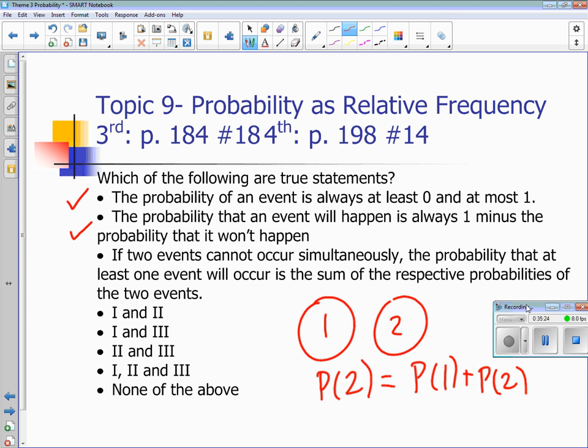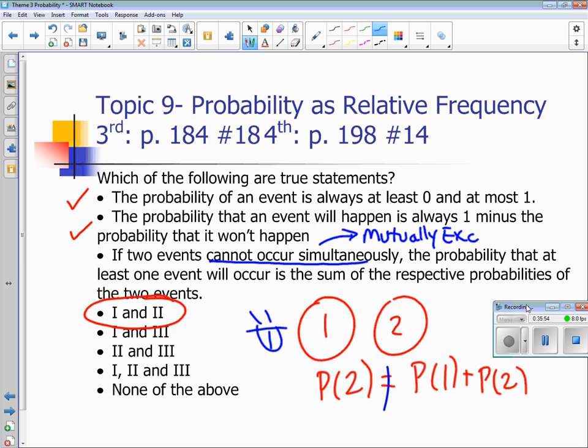It doesn't say that. So just because they're disjoint doesn't mean you add them together, so that makes no sense, right? So what do you think that is? Would you agree with that? All right. Cannot occur simultaneously means mutually exclusive or disjoint. We know what that means.